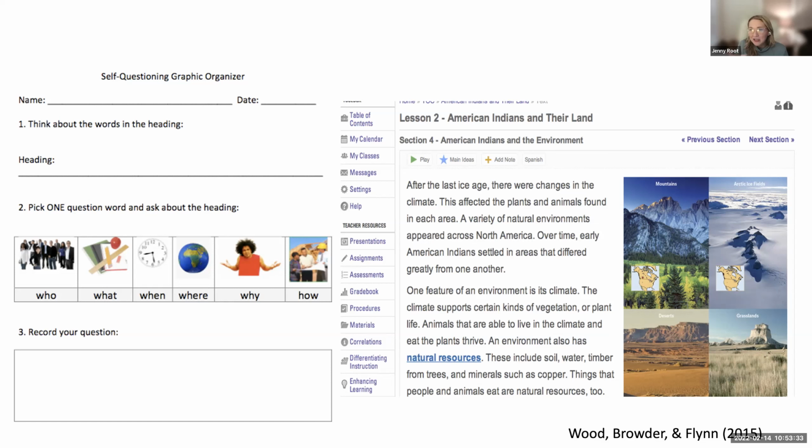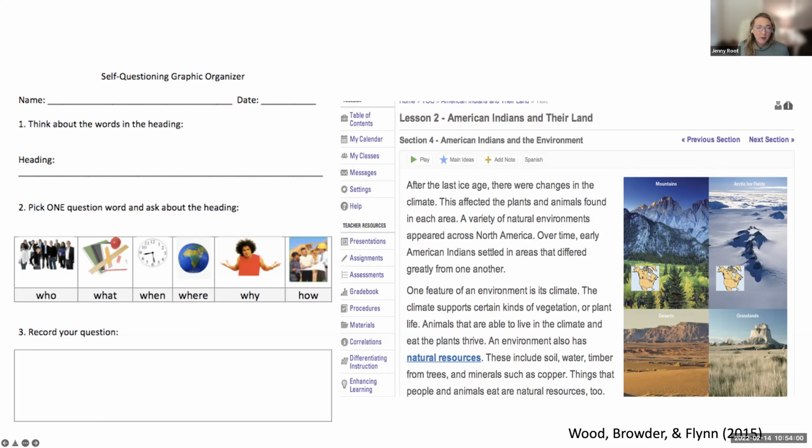We know that headings are really important in informational text, especially in textbooks. So we want to think about the words in the heading, and then what's a question we'd want to ask about the heading. We can teach students to take a heading and turn it into a question. For example, if the heading is American Indians in the environment, maybe we could say, who were the American Indians?